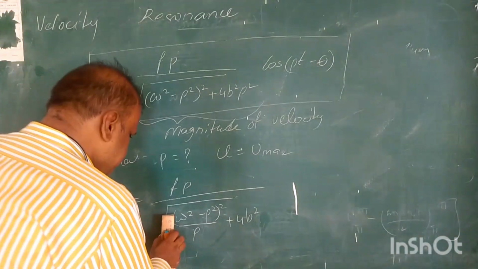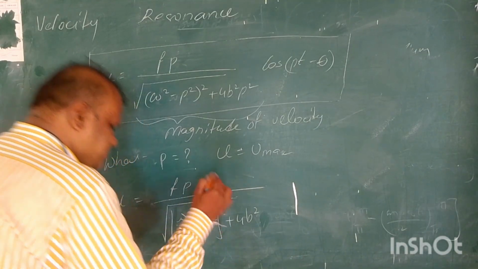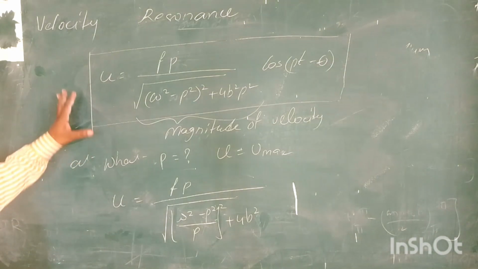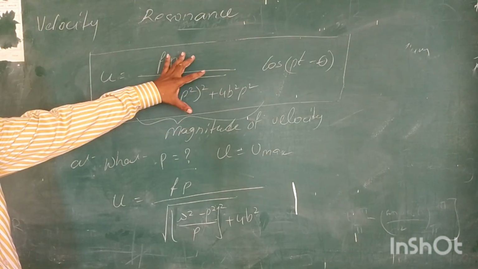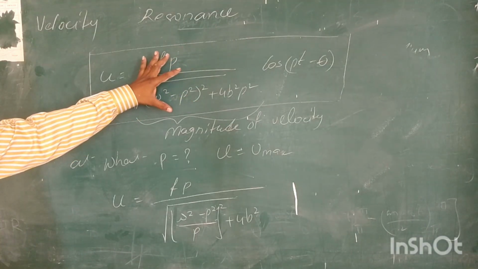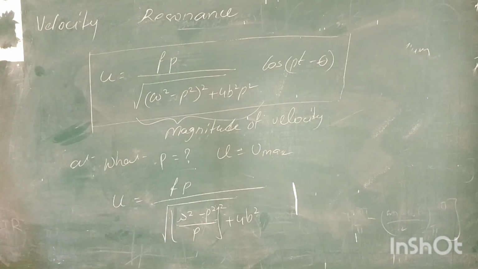Here I have taken p square as common, and I am going to consider just the magnitude, which is the maximum velocity, the instantaneous velocity of the damped oscillator.